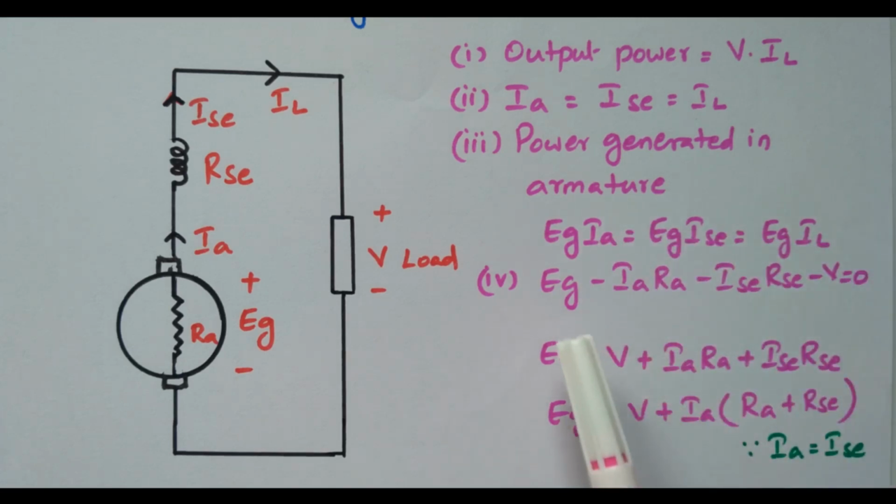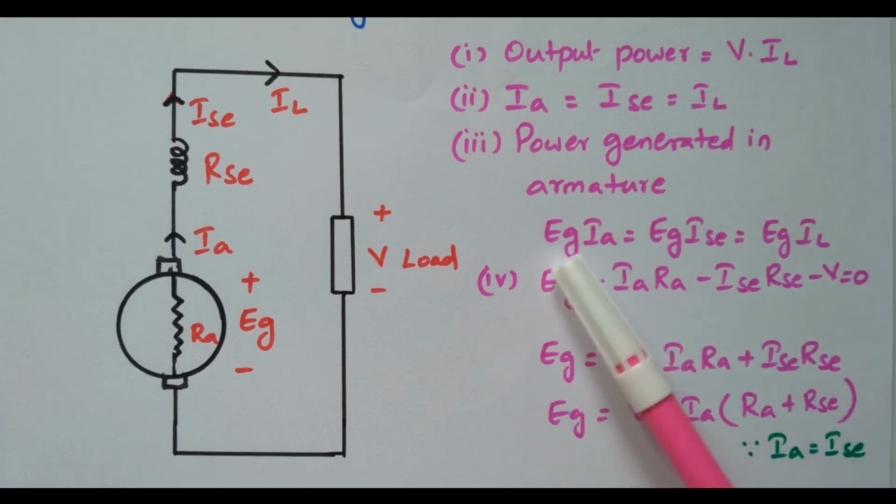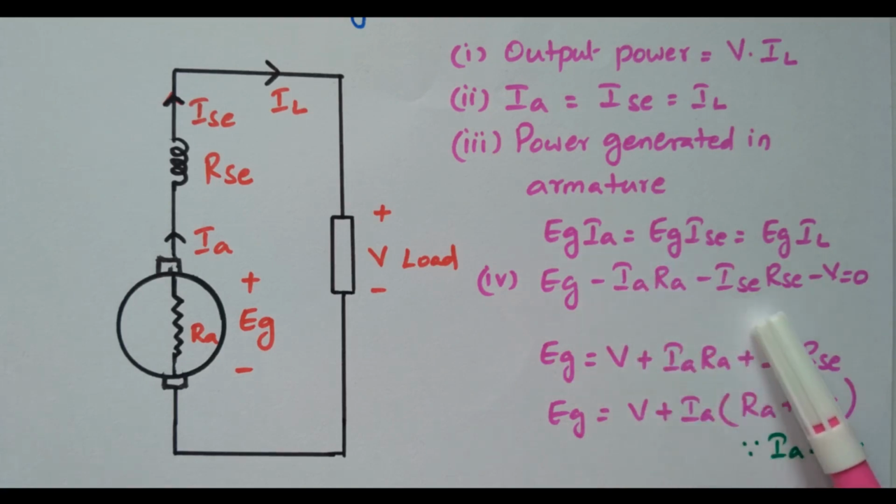What is the voltage equation? EG minus IA RA minus ISE RSE minus V equals 0. This is the voltage rise, the voltage generated. These are all drops: the drop across the armature resistance, the drop across the series field resistance, and the drop across the load terminal. It can be written as EG equals V plus IA RA plus ISE RSE.